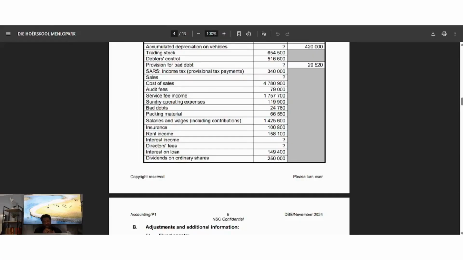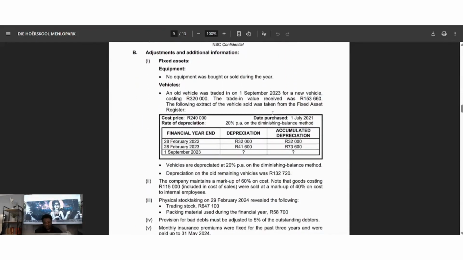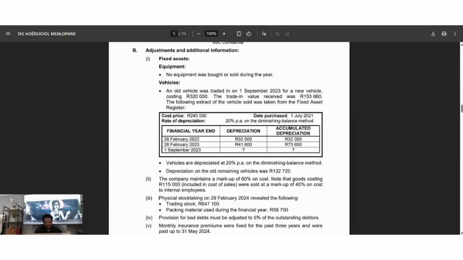Okay, so now we move on to the other expenses that were not given in the answer sheet, and we're just going to go according to the list. So the first expense on the list after the bad debts is our packing material, and in this packing material we can see that we're given 66,550, and then let's look at the adjustment that has been given, and it usually goes with the stock take. So you can say physical stock take, it revealed the trading stock, which we'll deal with at a later stage. And then there's also packing material used during the financial year, which amounts to 58,700.